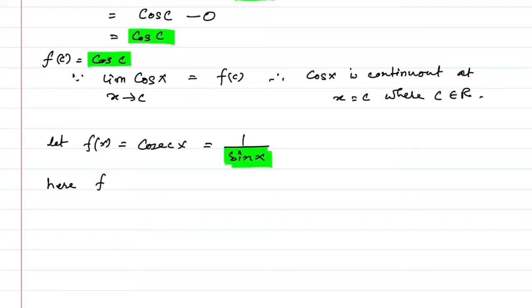Here f of x is not defined, it will be infinity, or it is not finite, if sin x is equal to 0. And sin x equal to 0 implies x is equal to n pi, where n belongs to Z, because at those points of x, sin x is equal to 0.